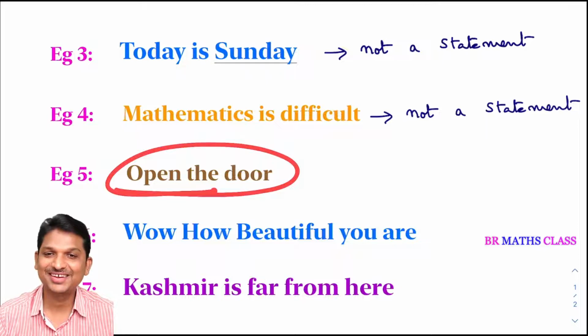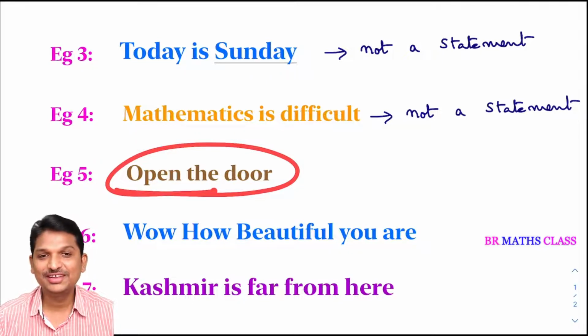Right? Is "Open the door" a statement or not? Whether open the door is true or false, we cannot say. Open the door is an order. We are ordering that open the door, close the door, something like that. Questions, orders, exclamations are not statements.